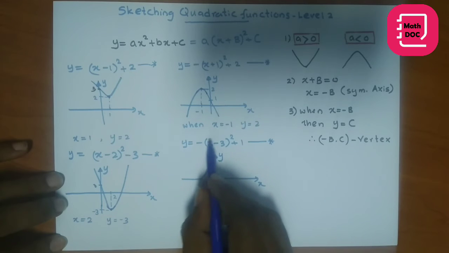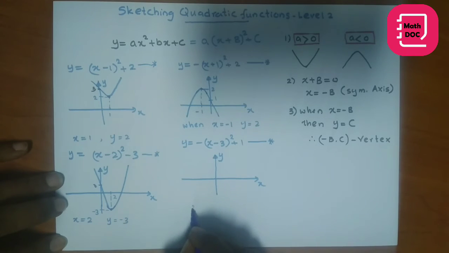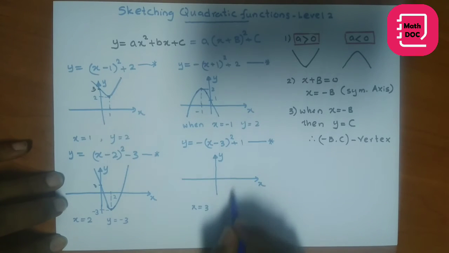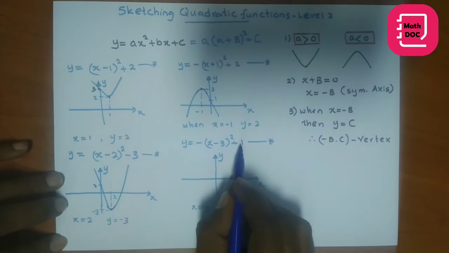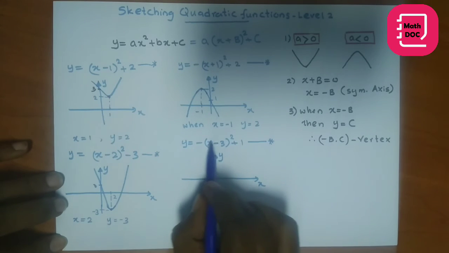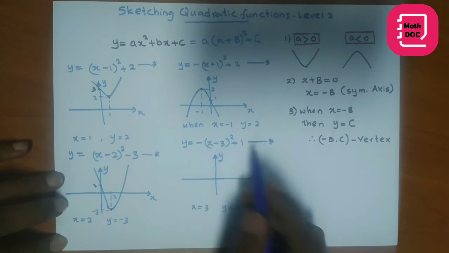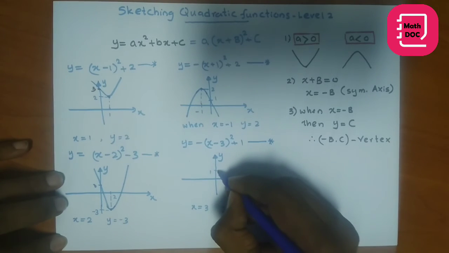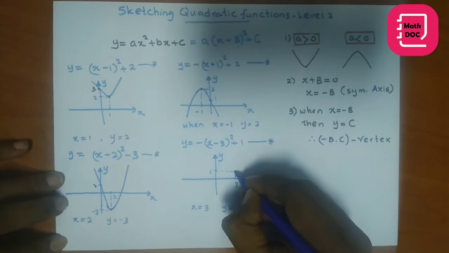First see the perfect square term. It is (x minus 3) squared. You get x equals 3, then that term will disappear. Then the corresponding y value is 1. Mark it. Here 3 and 1. Here the point.